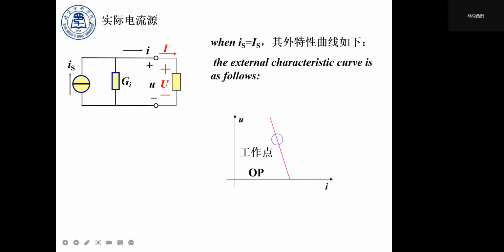Still, it's a line to represent it. We see that the crossing point has a value of Is, which is the value of the ideal current source in the left branch, and as the outside voltage U goes up, the current I decreases.